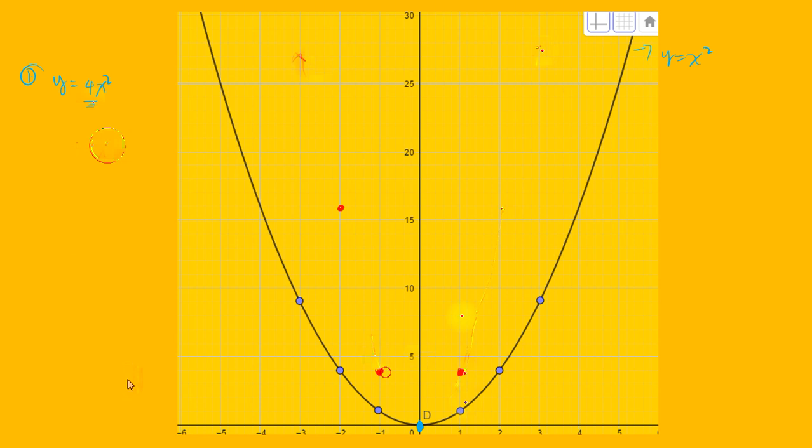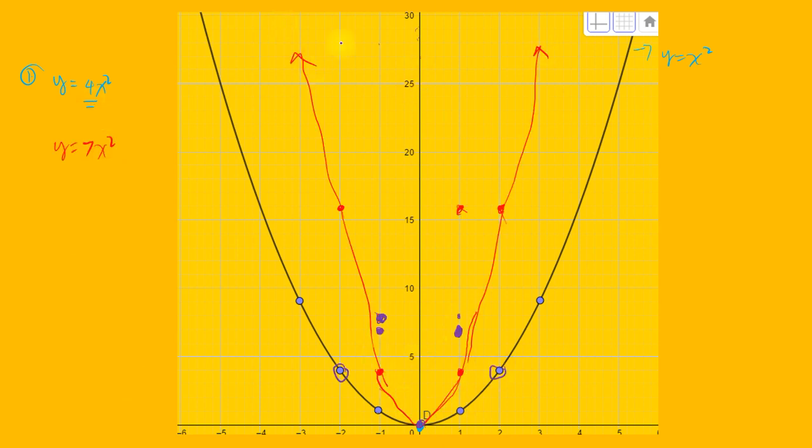Then this 4, that's y equals 4, will be multiplied by 7, and that will become 28. That's here. And the same with this one. That's here.